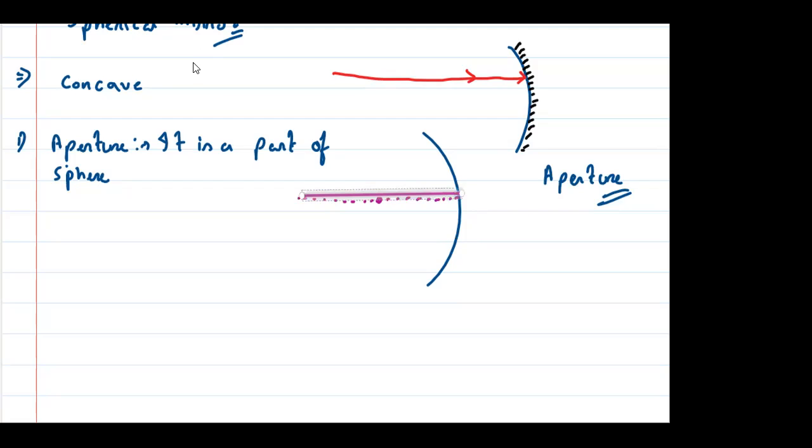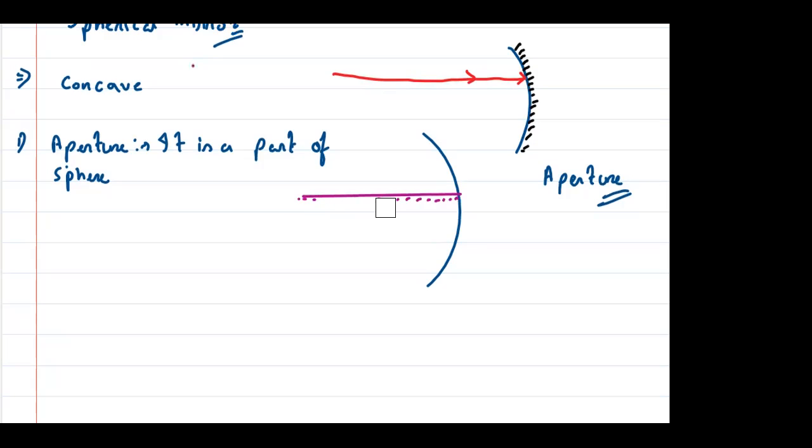I can say that this line, which is perpendicular to this and passes through the center, is called the principal axis. Principal axis. I'm also among those who get confused between LE and EL. It is LE. Principal axis.